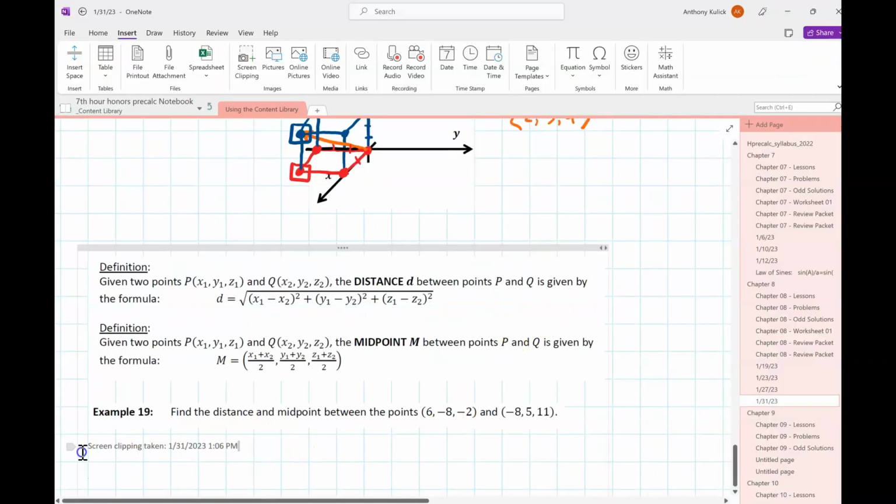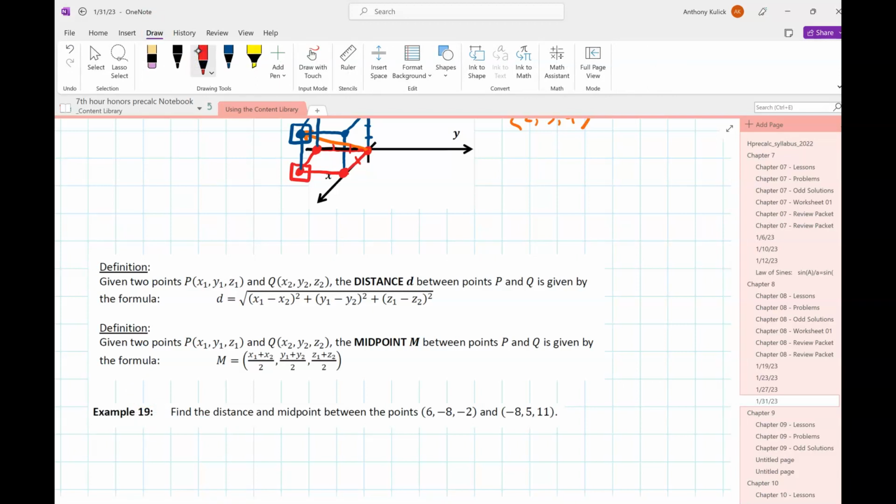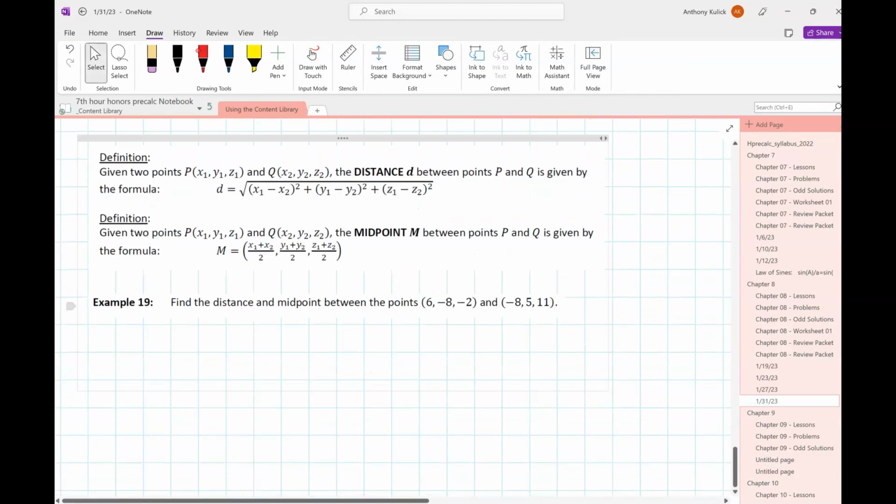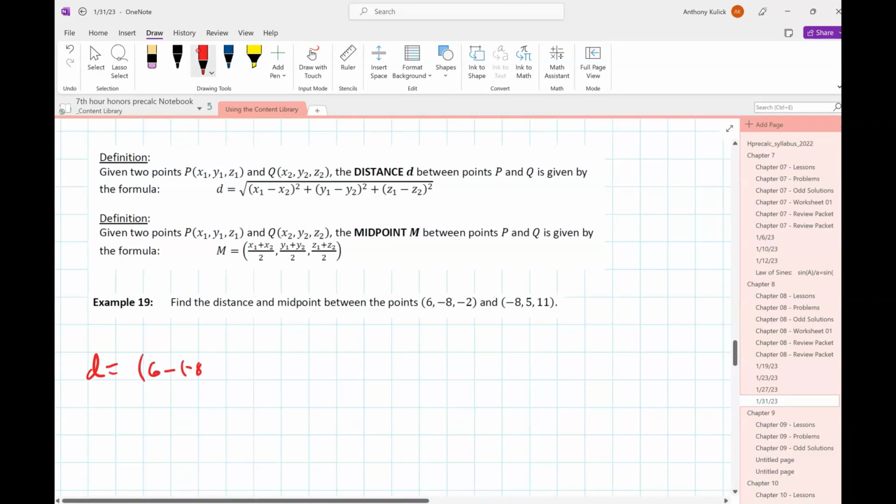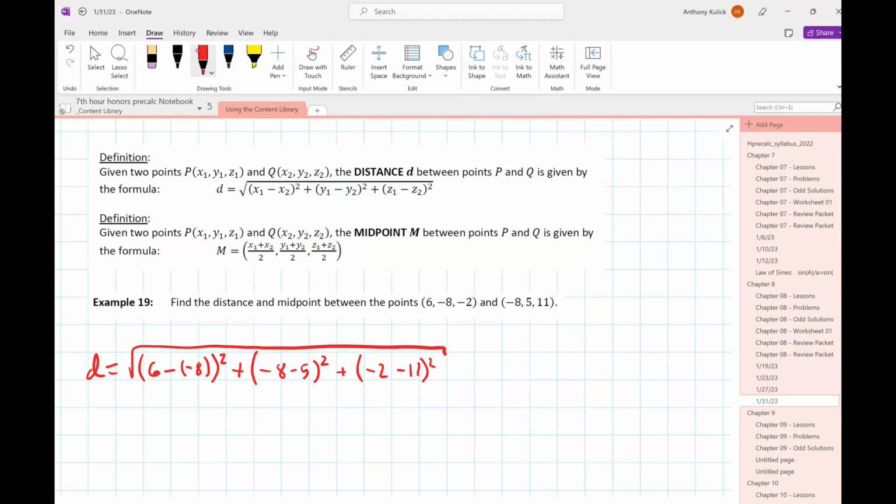So just to do a numeric example to hammer this home, say we want the distance and midpoint for those 2 3-dimensional coordinates. So the distance is just going to be the difference in the x's squared plus the difference in the y's squared plus the difference in the z's squared, all square rooted. So what do we have? 14 squared plus 13 squared plus 13 squared, I think is 534. Sounds right.